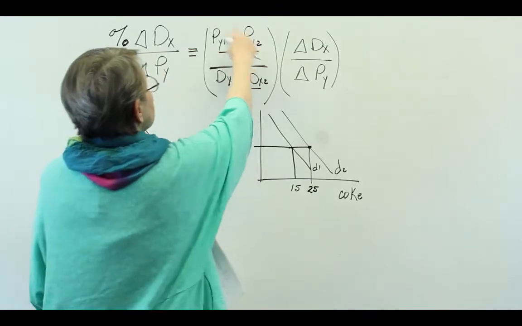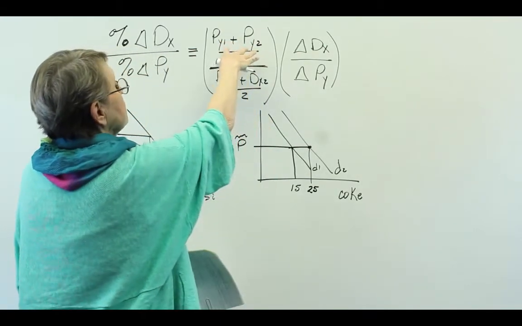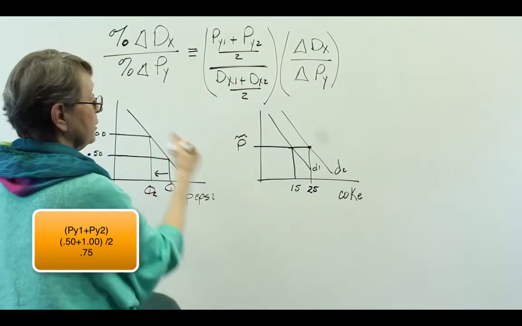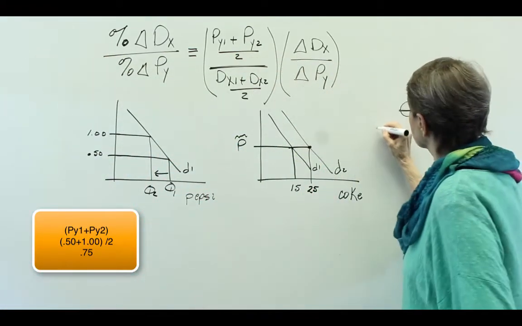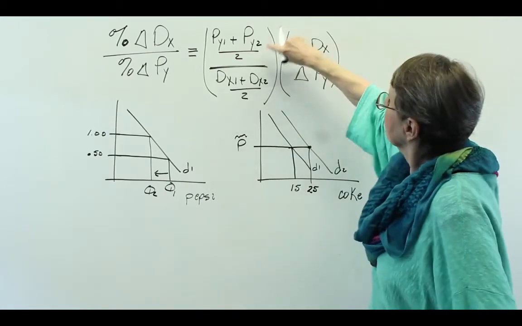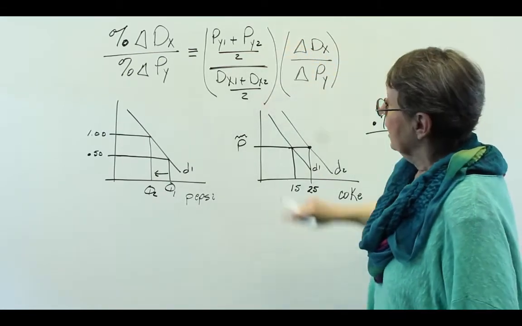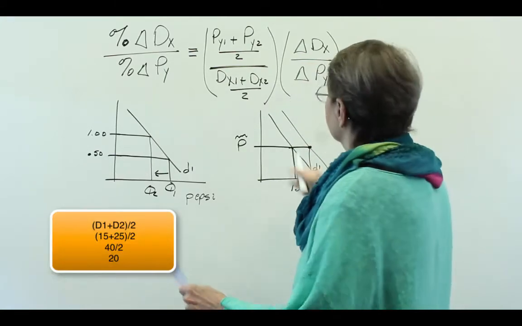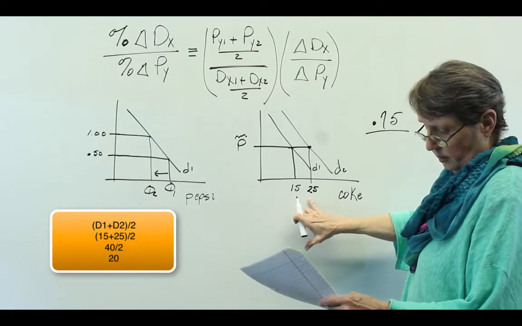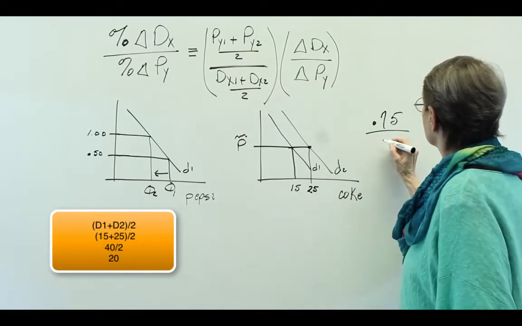And so let's just plug our numbers in. PY1 plus PY2 over 2 is going to be 75 cents. That's this. And D1 plus D2 over 2 is going to be 20.